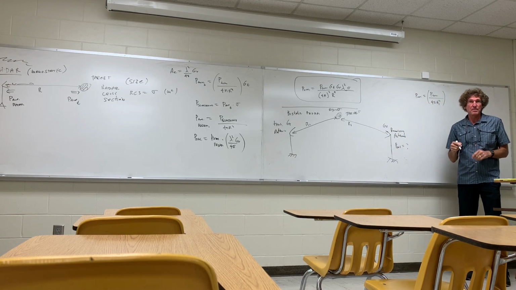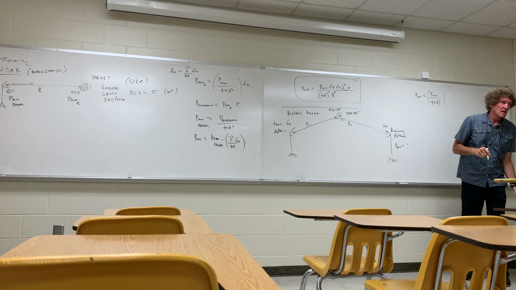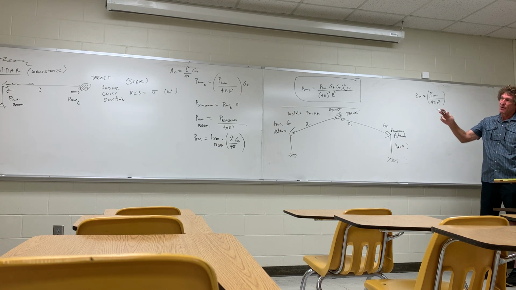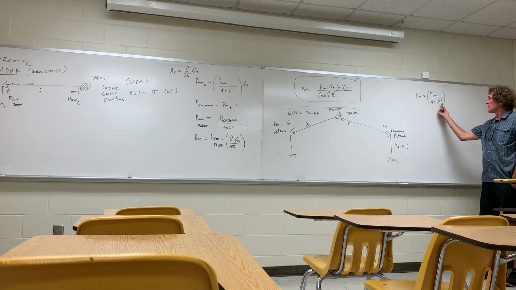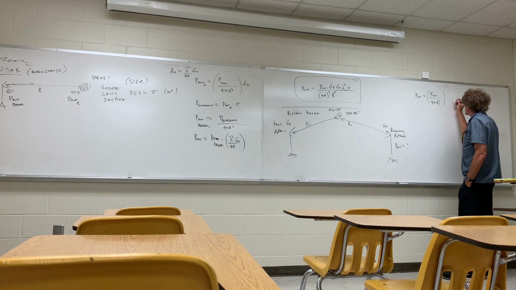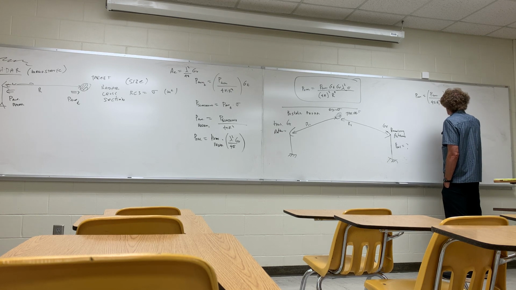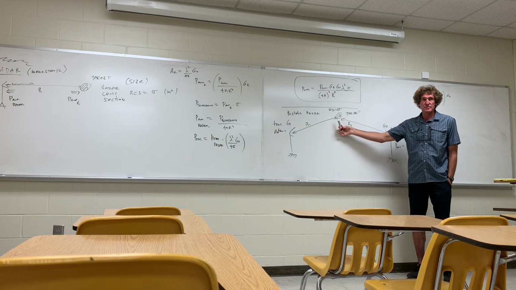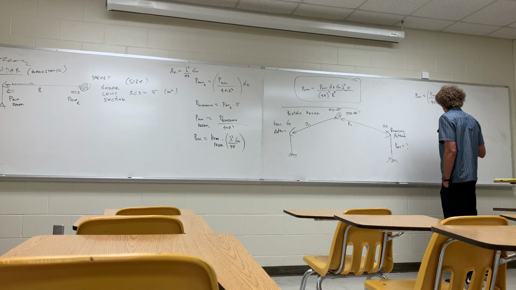Just R1. This isn't a major step away from that, but y'all follow me? Take isotropic. And now I'm going to multiply it by the gain of the transmitter. So now that's the power density right there. Then I multiply it by the radar cross-section.